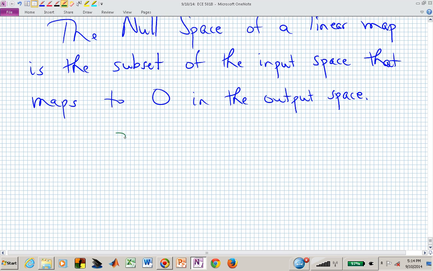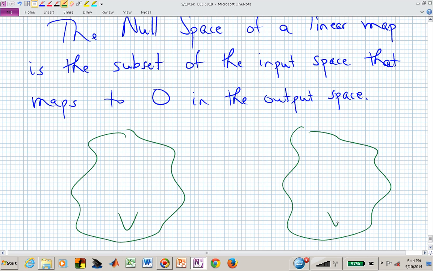Picture this: suppose this is our input space V, and this is our output space W. We are mapping between those with this linear map T. But we now want to talk about a null space, or what subset in V, all points in here, will map to the 0 vector.